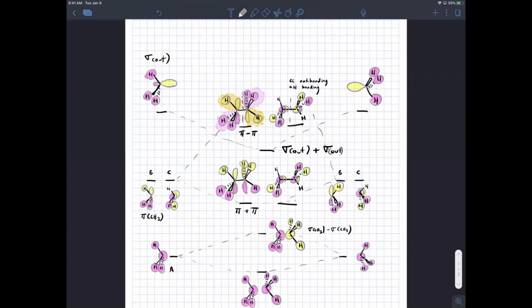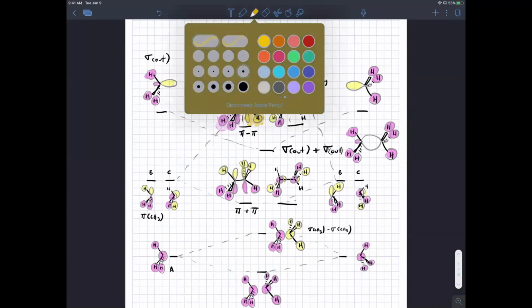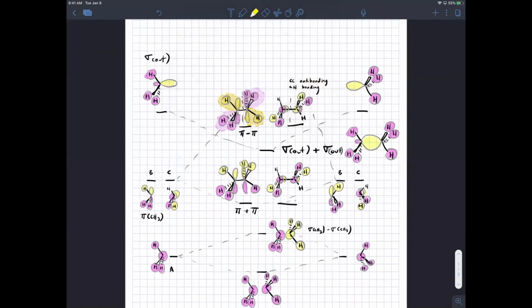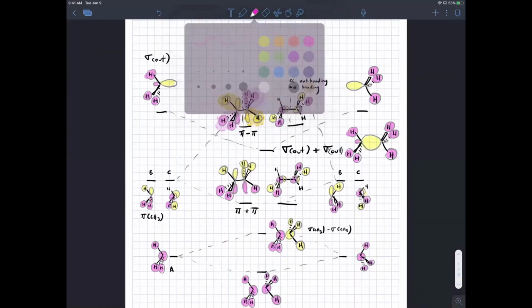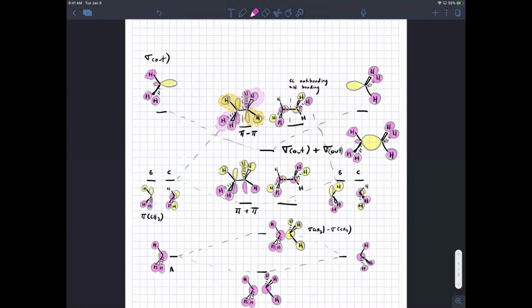If you were to draw this combination, you would just bring the two orbitals together in phase, and maybe you would show a slightly fatter lobe there in the middle where the orbitals overlap. And this one is substantially carbon-hydrogen bonding and also strongly carbon-carbon bonding.